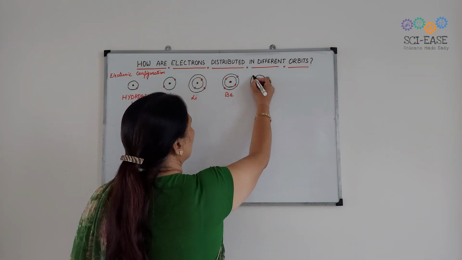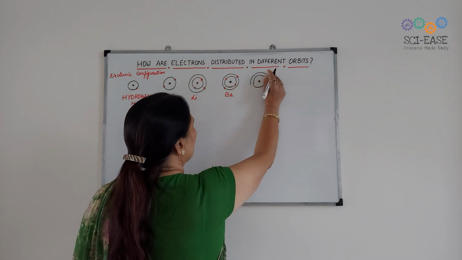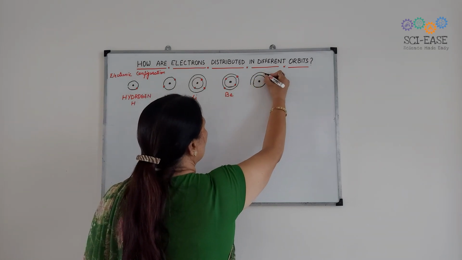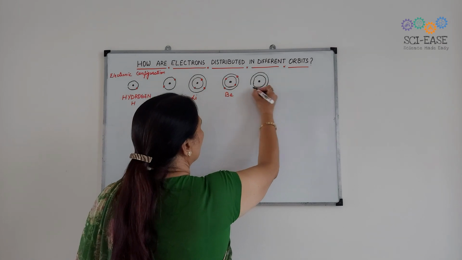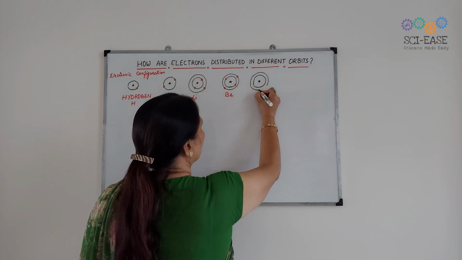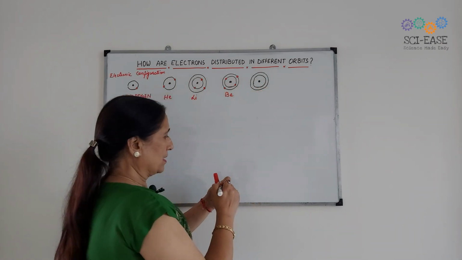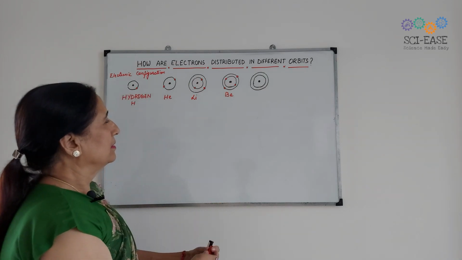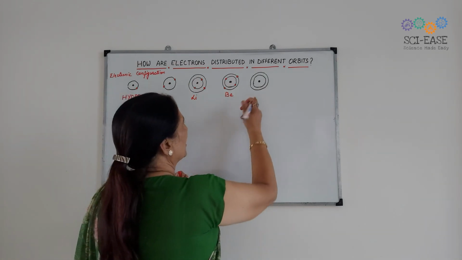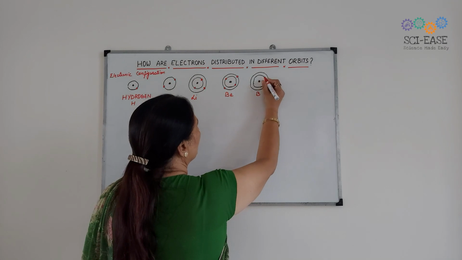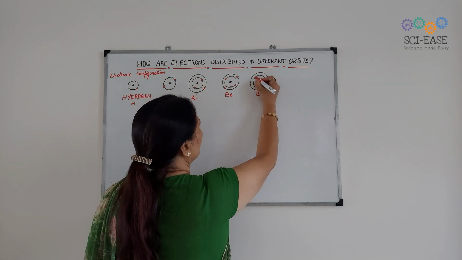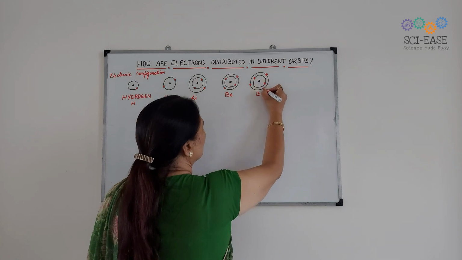And in the next shell, how many? 3 electrons will be accommodated. This is boron. 2 and 1, 2, 3.